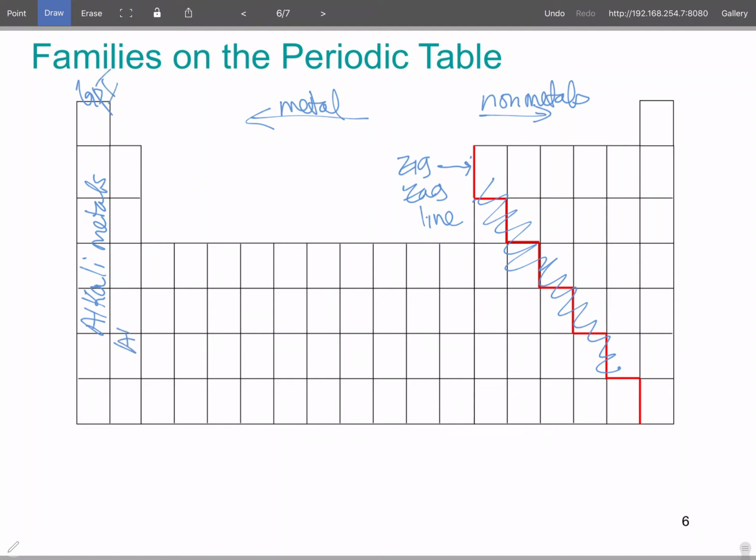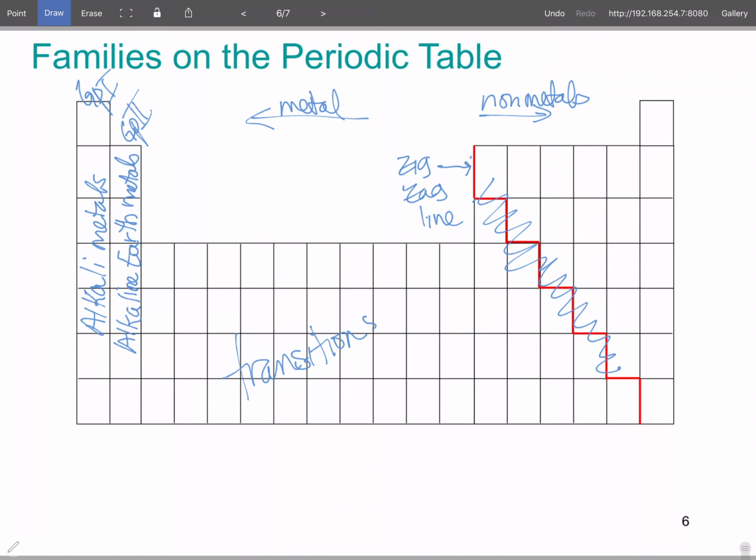The alkaline earth metals are group 2. Now remember, these are the transition metals, and we're going to ignore those for specific family names. There are some amongst that, but you don't really want to know them.